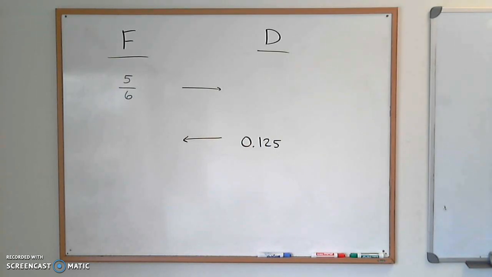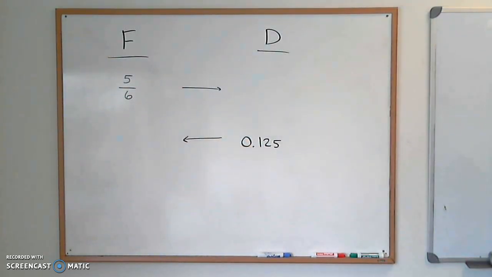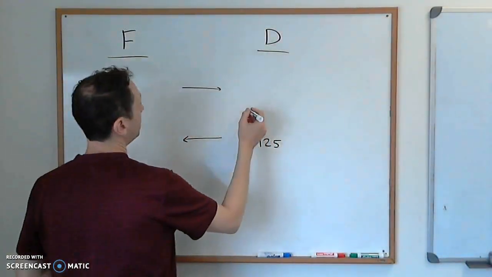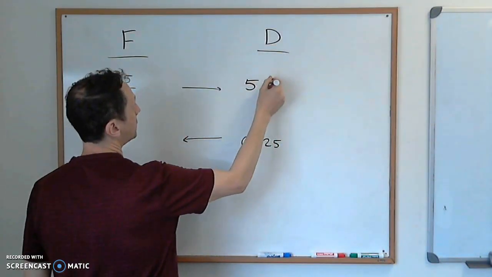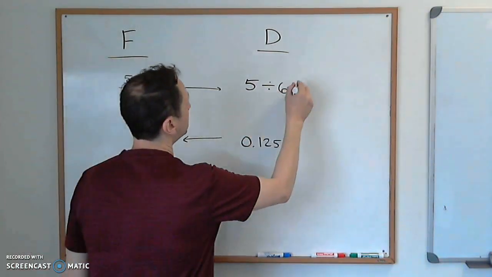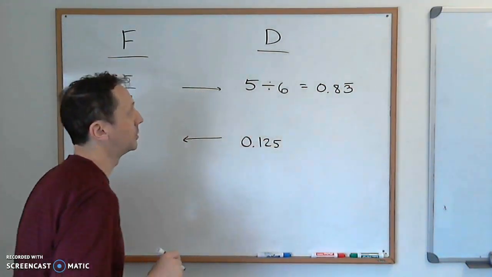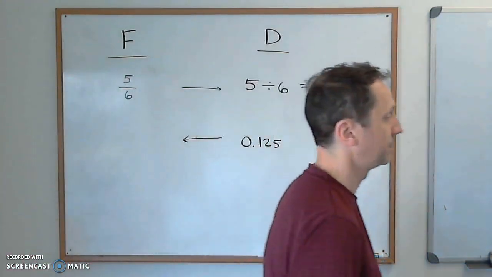Calculators work in decimals. So this is a really good task for a calculator to do. I would recommend that you just execute this on your calculator. You just type 5 divided by 6, and your calculator will tell you that the answer is 0.8 repeating 3.